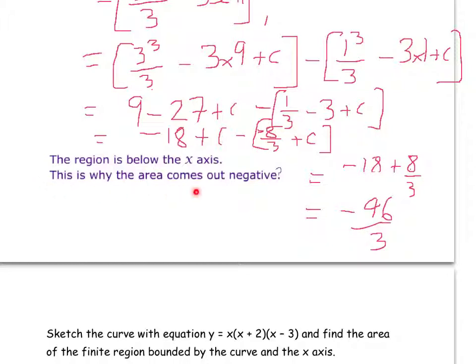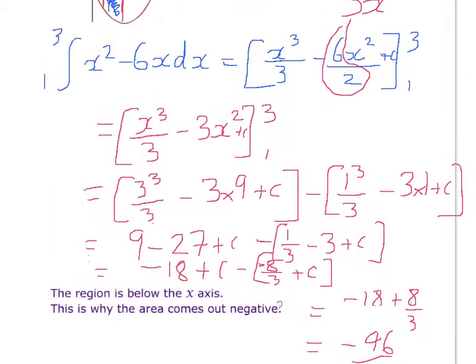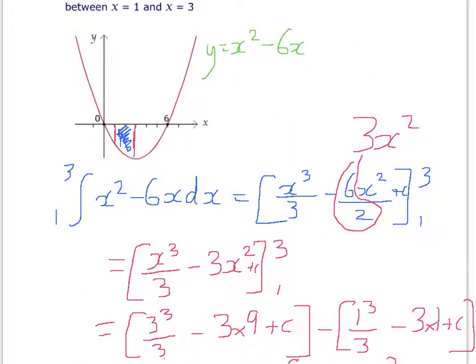Now you'll notice that I put a question here. Well, there's something wrong here. It says, why is this a negative area? Because you can't have a negative area, that doesn't make sense. The reason you get a negative value is that every question we've done so far, if we look at our diagram, we've always had a graph that has been something like this, and we've been asked to find the area under the curve. When we're finding the area under the curve, we're finding the area between the curve and the x-axis.